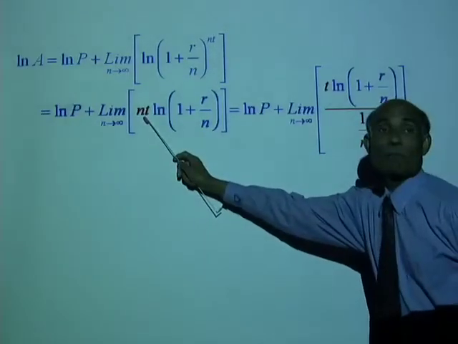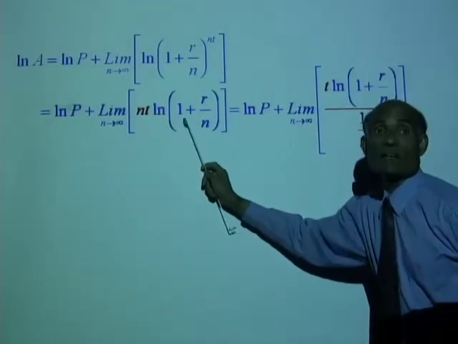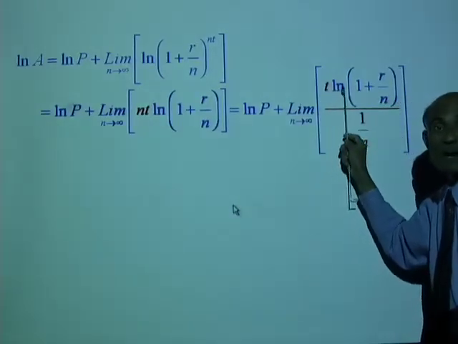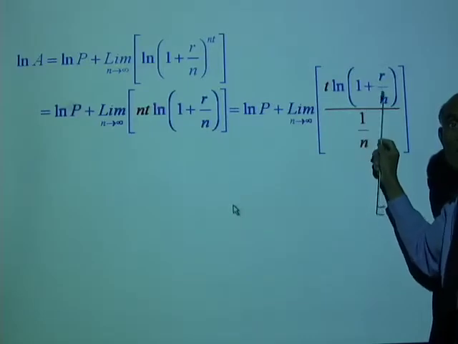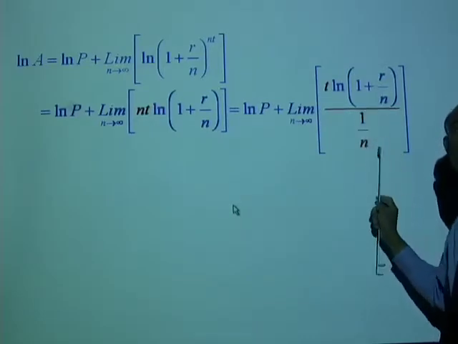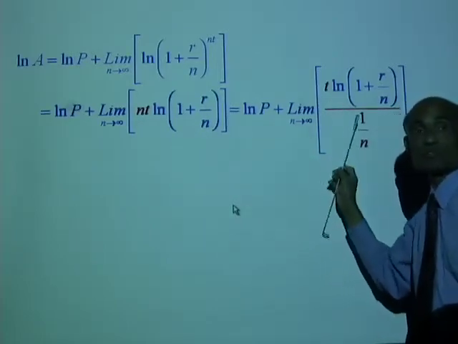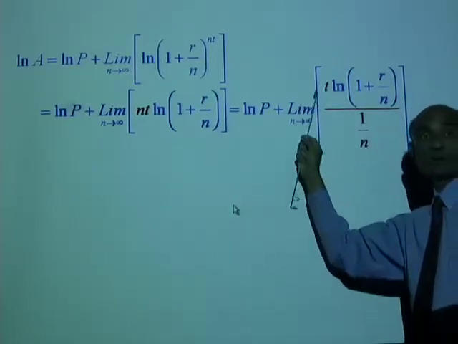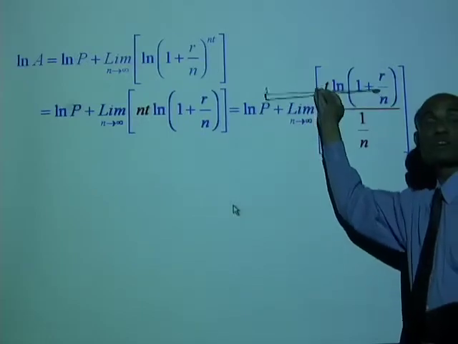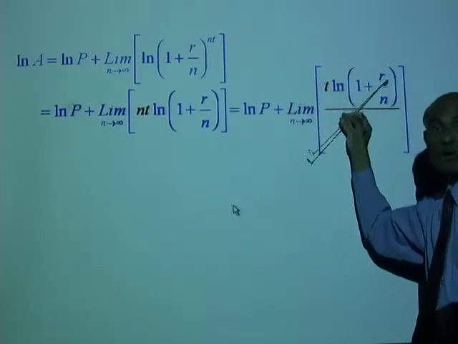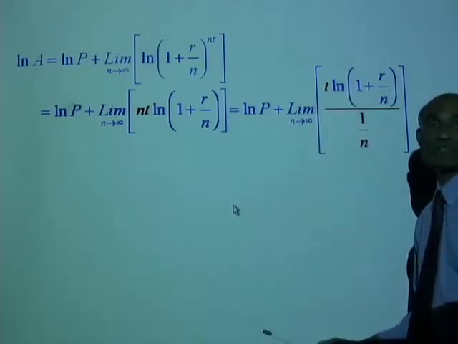So, nt ln of 1 plus r over n now becomes t times ln of 1 plus r over n divided by 1 over n. In actual fact, there is no difference between these two. But it serves us well now, because now this is of the form f of x over g of x.